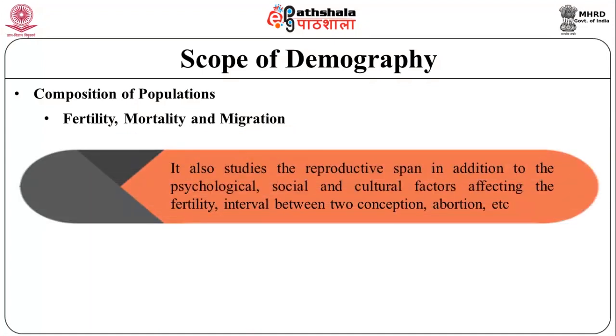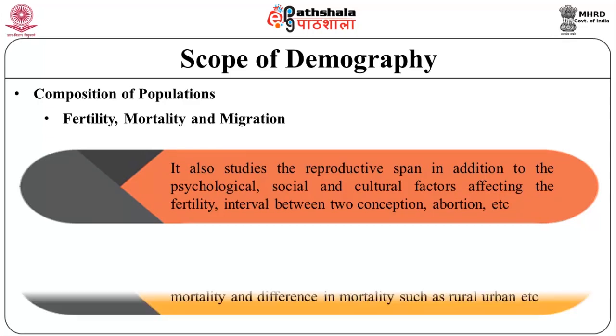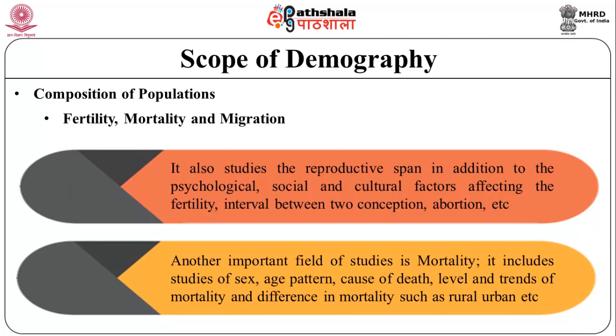It also studies the reproductive span in addition to the psychological, social and cultural factors affecting fertility, interval between two conceptions, abortions, etc. Another important field of study is mortality. It includes studies of sex, age pattern, cause of death, level and trends of mortality and differences in mortality such as rural, urban sector, etc.